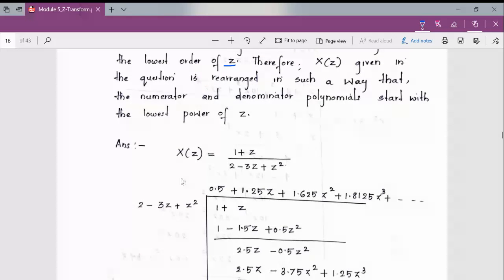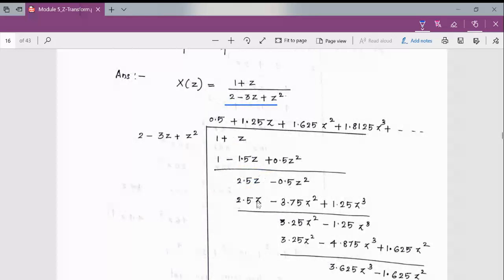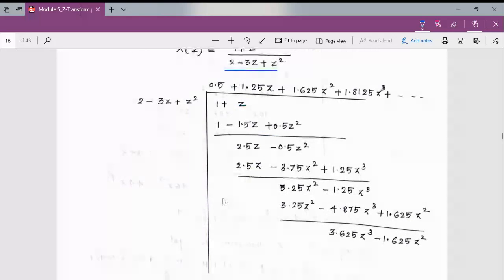So our question will be changed to X of z is equal to z plus 1, change it to 1 plus z, and z square minus 3z plus 2 will become 2 minus 3z plus z square. Then again we perform the polynomial division that is mentioned just before. The same steps we have to follow, just the order of the polynomials is changed.